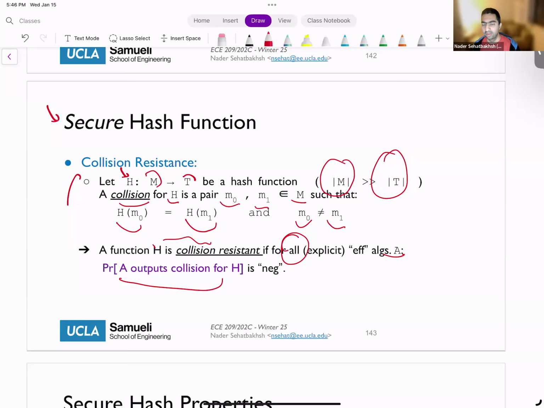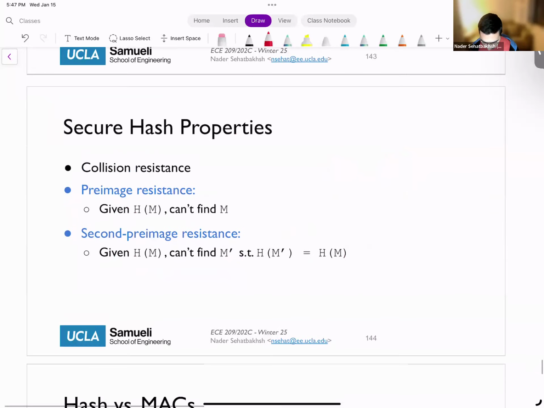So essentially what a collision resistant or secure hash function is trying to achieve is that it's very, very difficult to find any two messages that produce the same hash. Okay. So this is collision resistance.